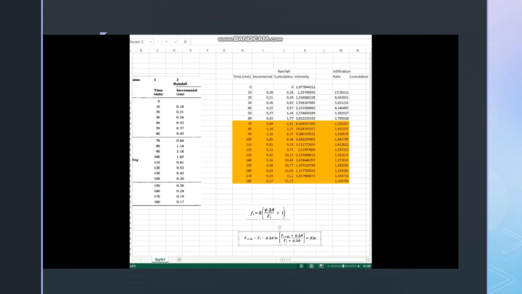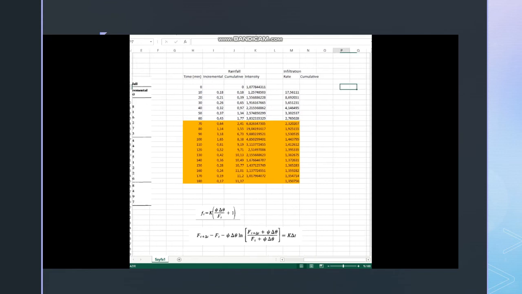So we need to use this nonlinear equation, and we are going to find our cumulative infiltration when it's ponding.